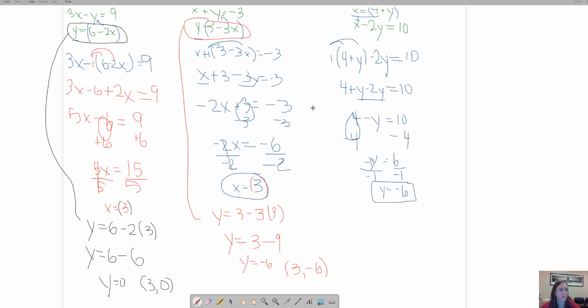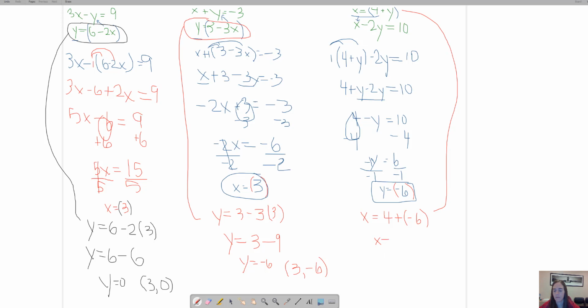Okay, so then to get the second part, I'm going to take one of my equations and bring it all the way down here. And then I'm going to substitute this y into that equation. Okay, so I have x equals, and it's going to be 4 plus, and then we substitute in what I have for y, which is negative 6.